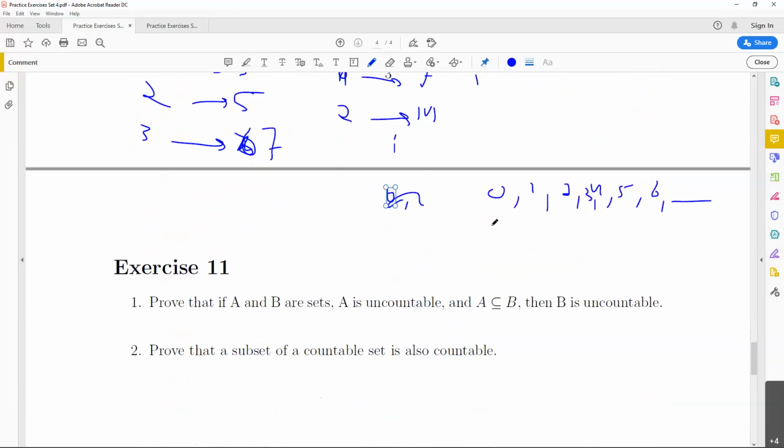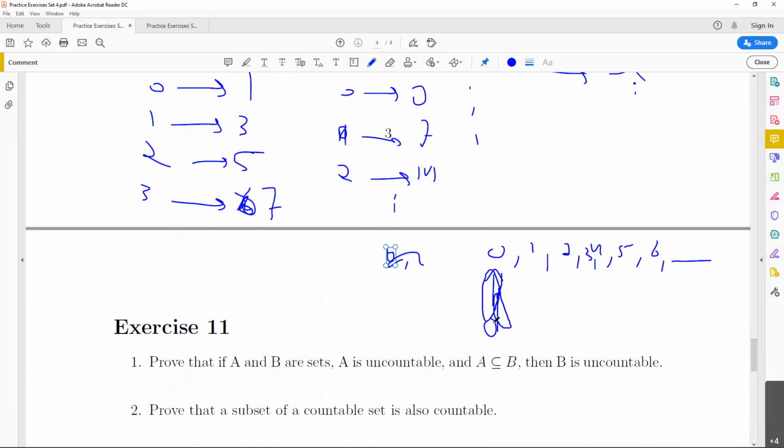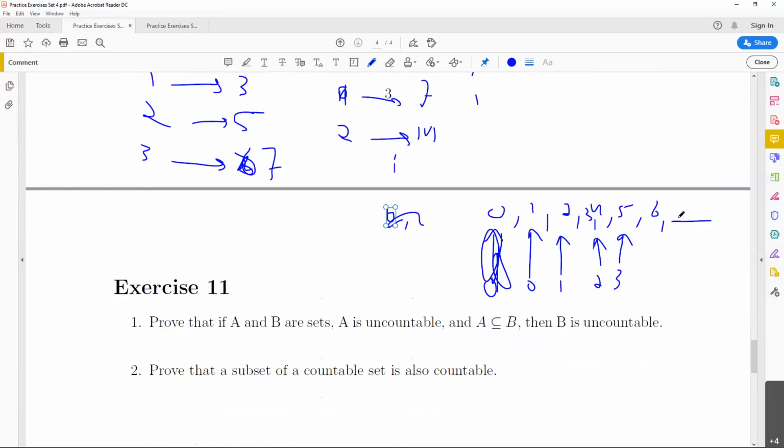Assuming 0 is a multiple of 3, you don't want it. 1 is not divisible by 3, so you take it. You take 2. You skip the 3. You take 4. You take 5. You skip the 6. It's a multiple of 3. You take 7. You take 8. You get the idea? You take 2 consecutive numbers, and then you skip the multiples of 3.